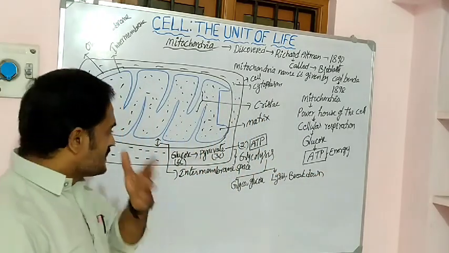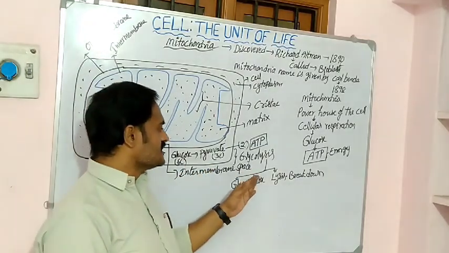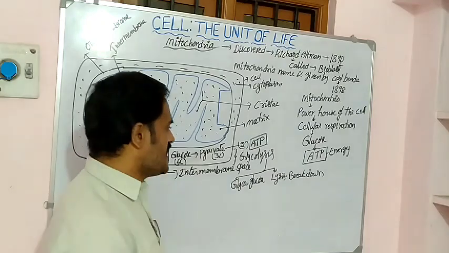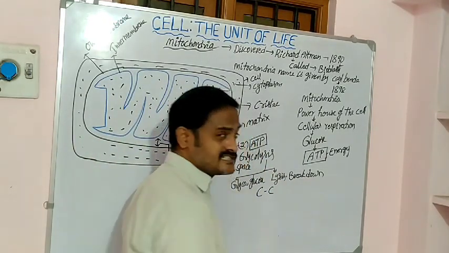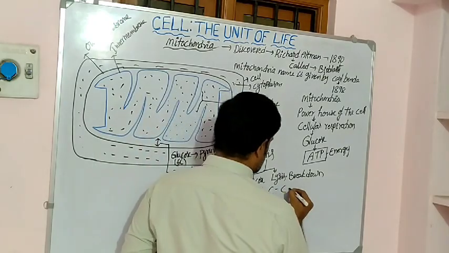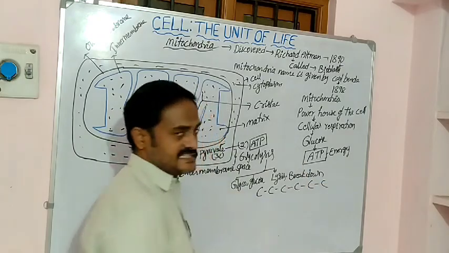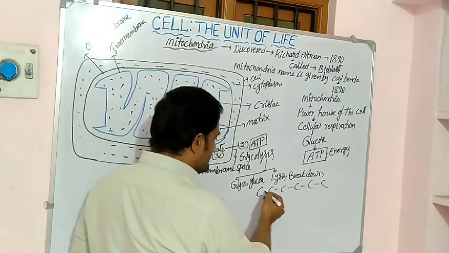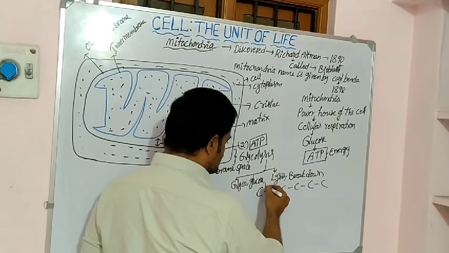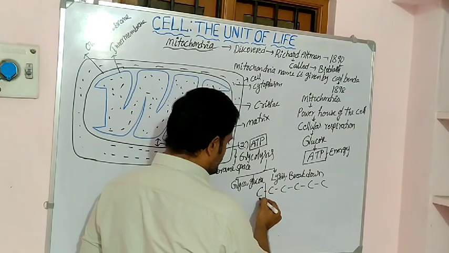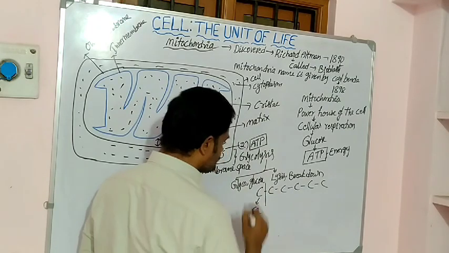Okay, when the carbons break down, they give some energy. Commonly, how many carbon atoms does glucose have? 6 carbons. C6H12O6. See here, 6 carbon atoms: 1, 2, 3, 4, 5, 6. So each carbon breaks like this. One carbon breaks and forms carbon dioxide.